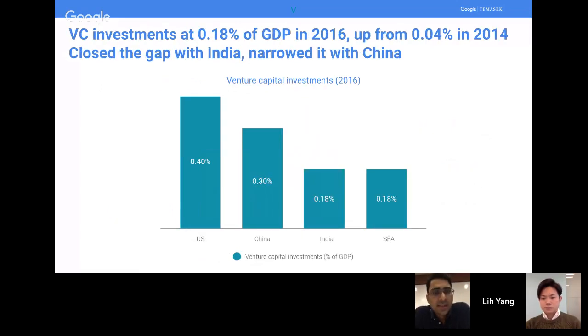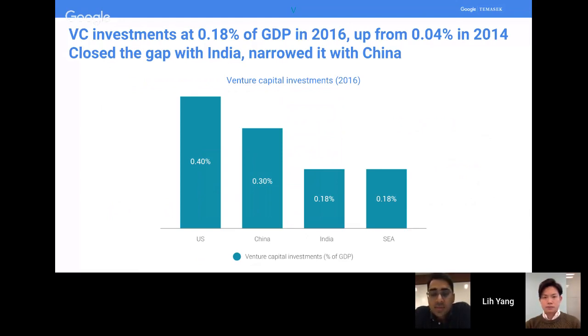So this is a very interesting comparison where we look at the overall venture capital investments coming into a country and compare that with the GDP of the country. So we can see that the US is at the very top end of getting venture capital investments as percentage of GDP, and then followed by China. But if you look at the other countries and regions, actually Southeast Asia is at par with India.